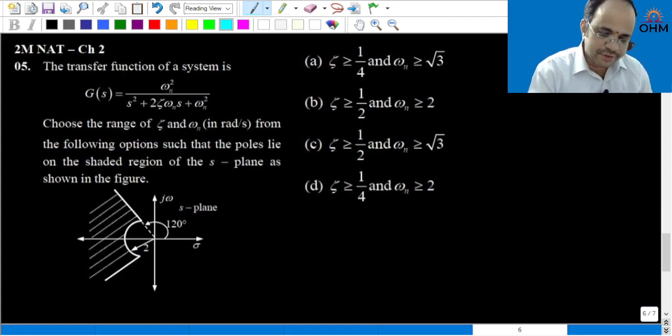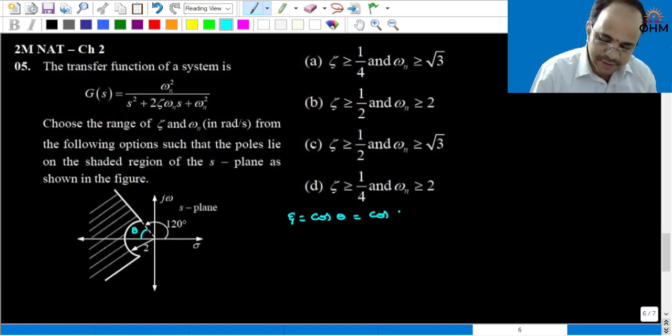Now the only twist in this problem is this angle is given 120 degree, therefore you have to take this angle theta. So zeta is equal to cos theta. When this angle is 120 degree, theta will be 60 degree, therefore zeta is equal to 1 by 2.